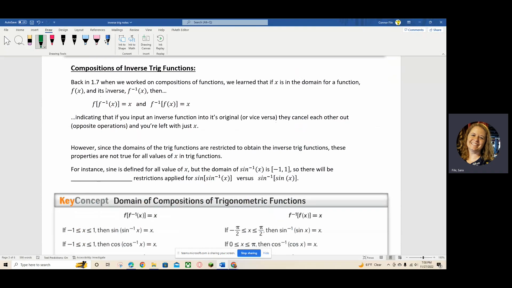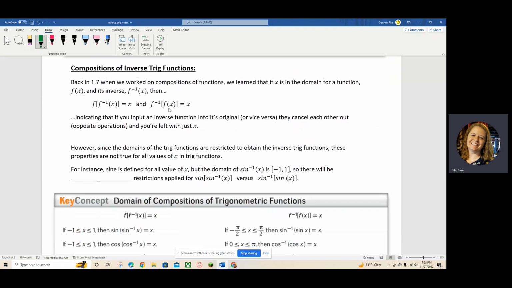You had two different functions, and then you would do f of g of x or g of f of x, where you input one function into another. Okay, and then we talked about inverses with functions, and we said if these two functions are inverses of each other, when you input them into each other, it doesn't matter which one's the outside or inside function, either way, everything simplifies down to just x.